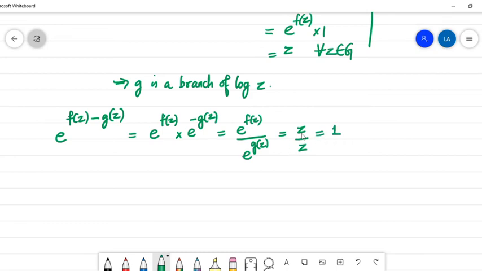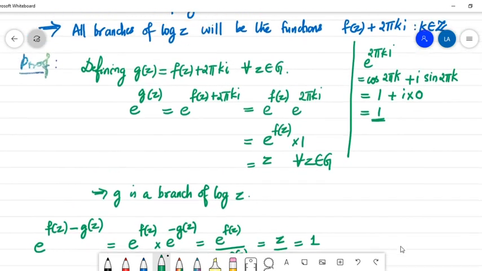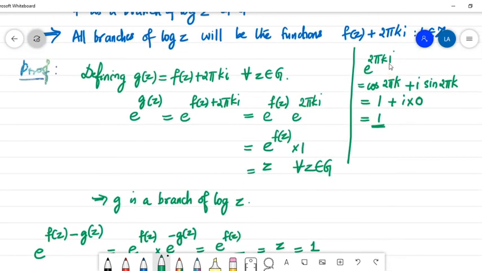And z is never 0, so you can cancel out and you get it to be 1. Now what you obtained is e raised to f of z minus g of z is equal to 1. This will happen if and only if f of z minus g of z is of the form which we just saw now: e raised to 2 pi ki is equal to 1.